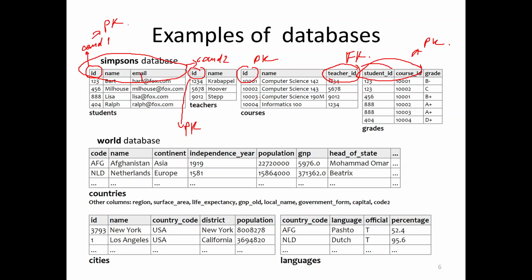So if two tables want to establish a relationship, for example, the courses and teachers, let's say you want to connect teachers to courses, it depends on what sort of relationship they want.